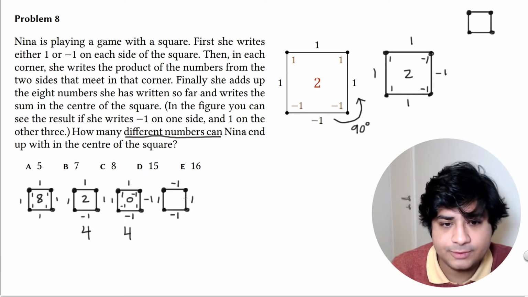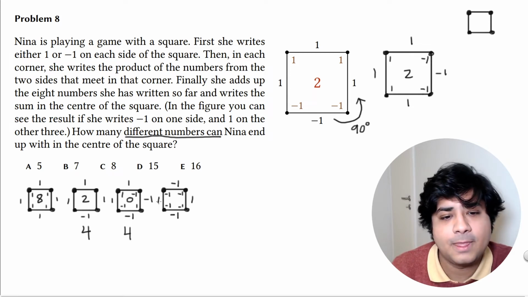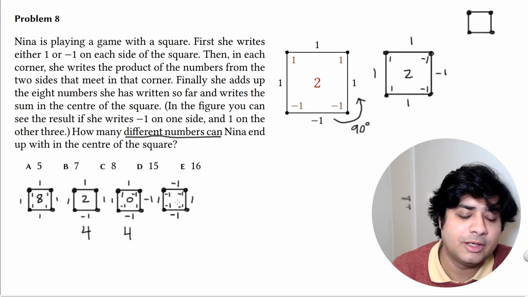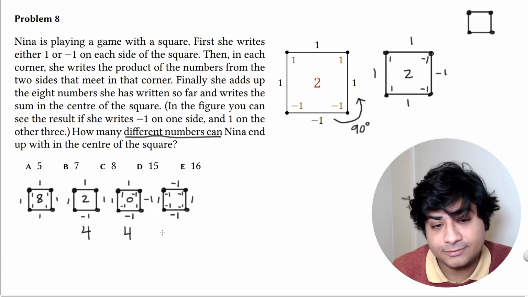And then, of course, if we do this again, it would be -1, -1, and -1, and -1. So that's going to be 2, +2, and then 1, 2, 3, 4, 5, 6 negative.